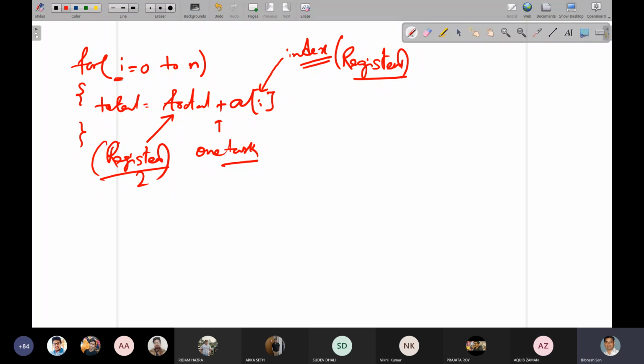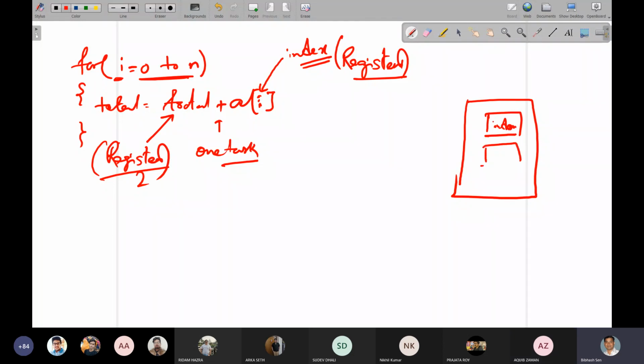Because what is the value of i, 0 to n? It will take the value and check, so I have to take it like this from the register. So if you go to our data path, I need these things: one register to store the index value, another register to hold the total value, and one functional unit.